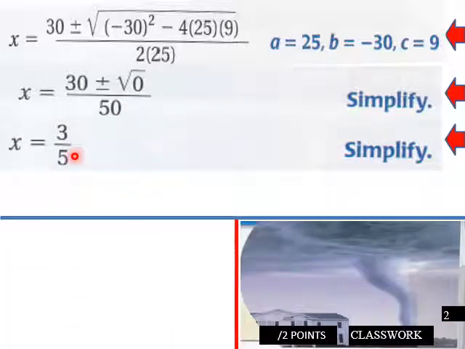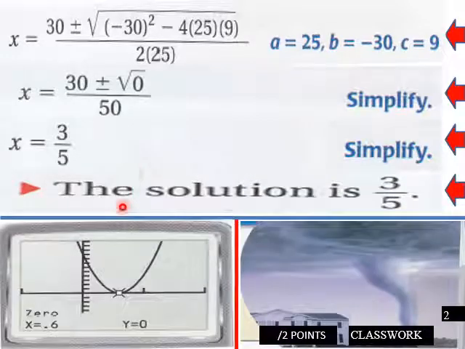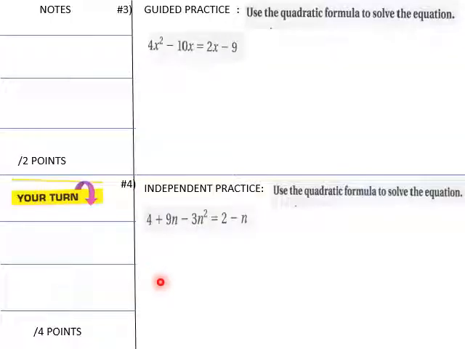And then that reduces to 3 over 5 as our solution for x. And then we have a graph here that shows 3 over 5 or 0.6 as our solution here. And it is like, I guess, tangent, or it intersects the x-axis at 0.6 would be our solution there.